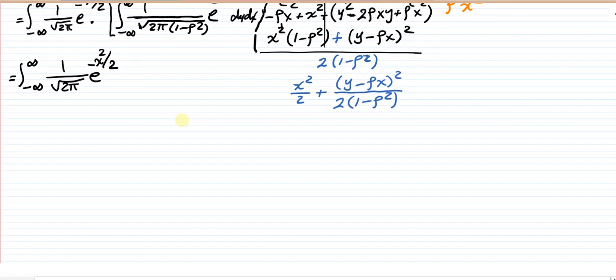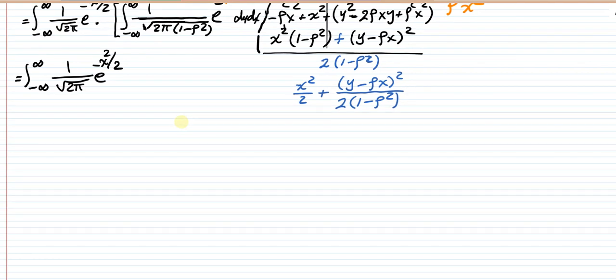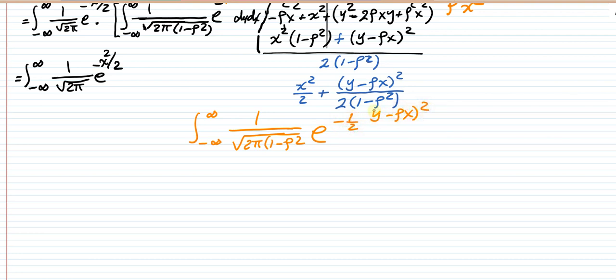Alright, so I'm going to go ahead and maybe write it down here for you. The integral from negative infinity to infinity of 1 over square root of 2 pi (1 minus rho squared), and then e to the negative 1/2 (y minus rho x) quantity squared over (1 minus rho squared), and then this is dy, right?